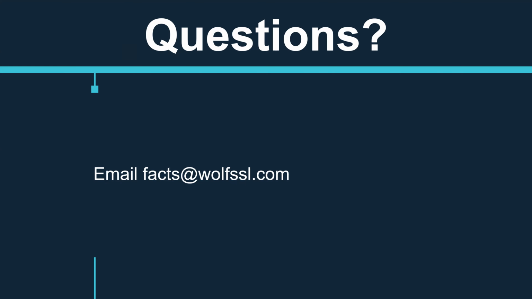And then the commercial license allows you to ship it in a closed source way. It's the same code base in both our GPL v3 and our commercial. It's just how it can be shipped. If you have any licensing question, just email us at facts@wolfSSL.com so we can introduce you to the sales directors.